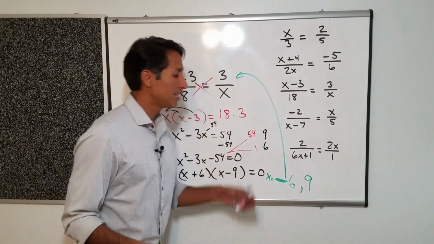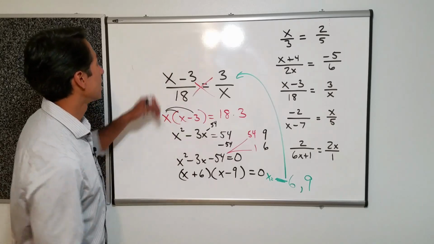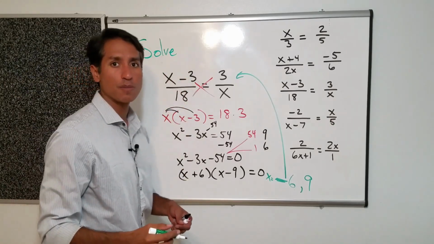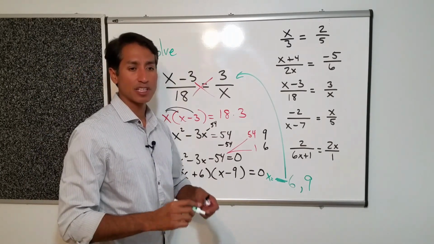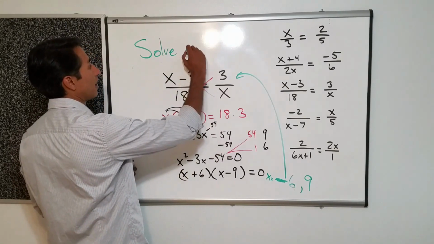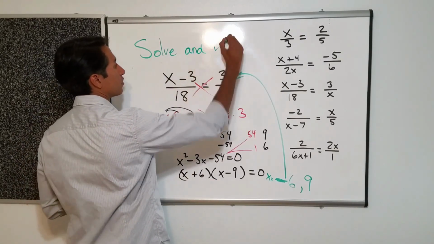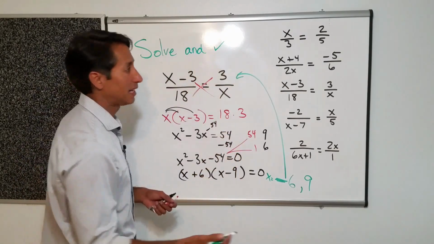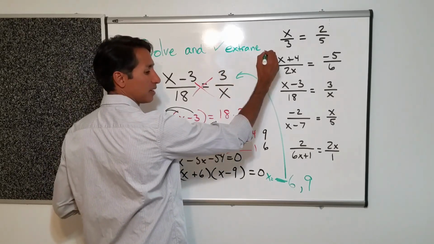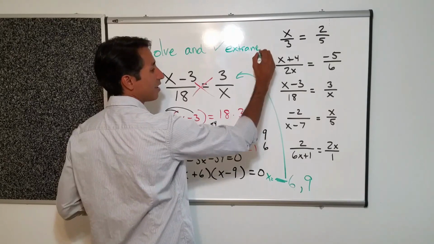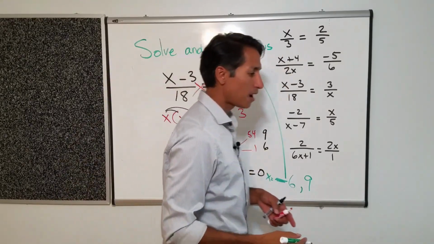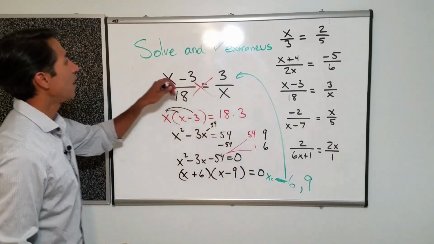So with these types of problems, if it says solve, then I'm going to assume that there are just answers, okay? Sometimes it'll say solve and check for extraneous solutions, E-X-T-R-A-N-E-O-U-S.